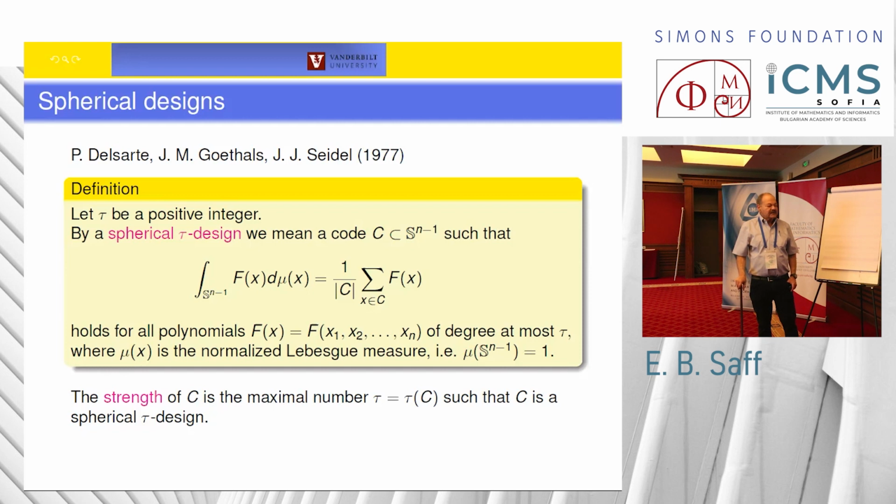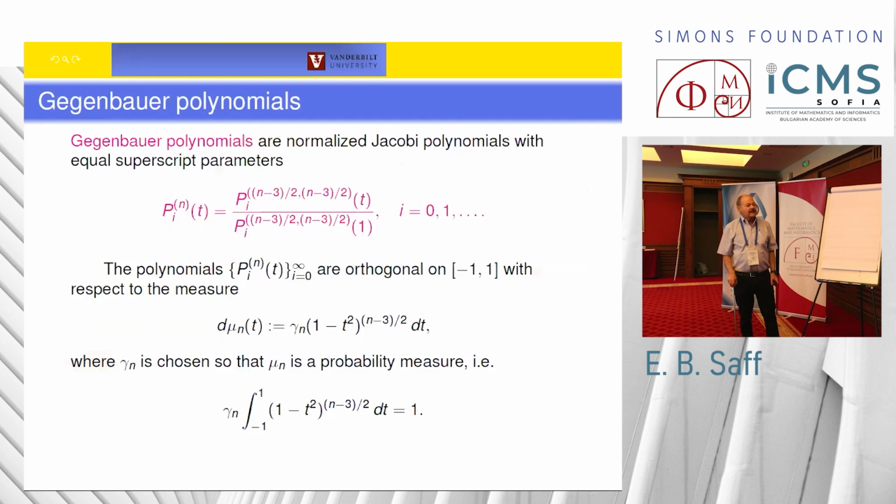Okay? So that is a spherical tau design. And the strength of a code is simply the maximum of such numbers tau, so that C is a spherical tau design.